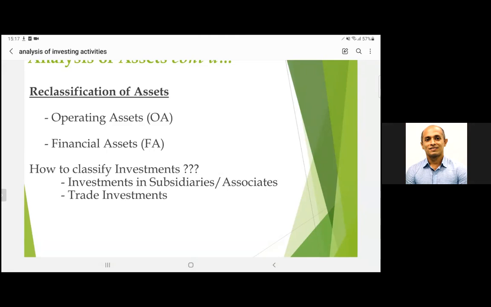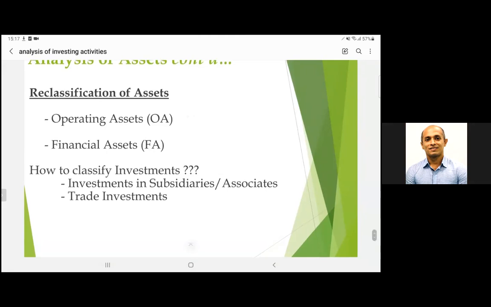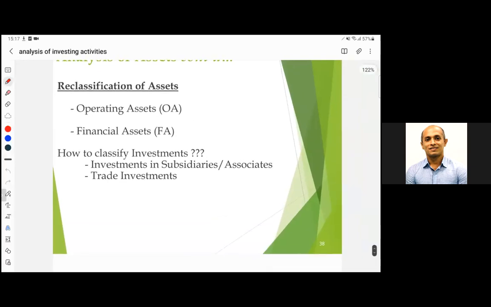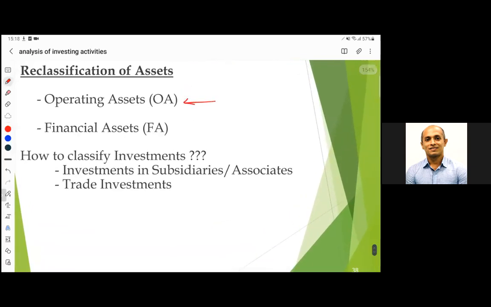When you analyze your company's operations, you consider only operating assets. Operating assets are the assets that are related to your operations.